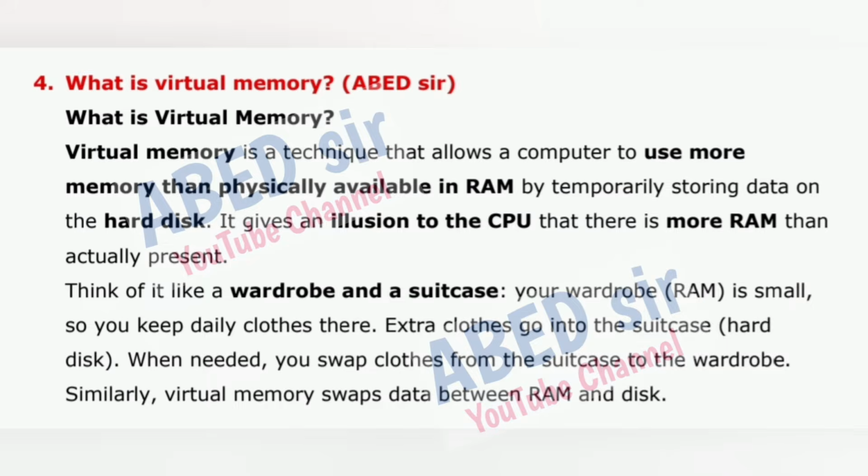Think of it like a wardrobe and a suitcase. Your wardrobe, RAM, is small, so you keep daily clothes there. Extra clothes go into the suitcase, hard disk. When needed, you swap clothes from the suitcase to the wardrobe. Similarly, virtual memory swaps data between RAM and disk.